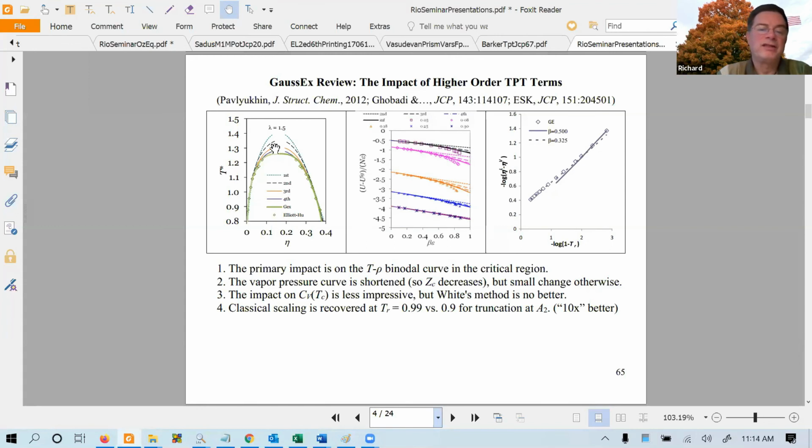And so you might think that this empirical way of fixing the critical point for pure fluids is fine, but what do you do when you get to mixtures? Well, it turns out if you just assume a sort of one fluid mixing rule for the Gaussian correction, then you get very simple and reasonable results for your phase diagrams.